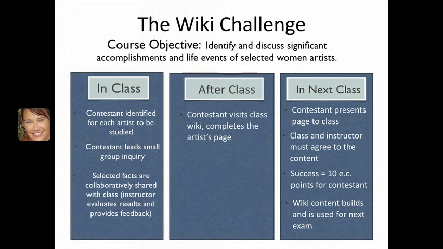And then in the next class, the contestant would present the information back to the class, and if that presentation received a thumbs up from me and the rest of the class, then they would receive 10 points of extra credit. And this was actually devised as a method to support students who had missed some of our Voicethread activities because those could not be made up.